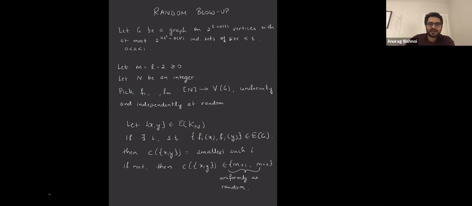So with probability half, we color that edge using m plus 1, and with probability half, we color the edge using m plus 2. So there are two random things going on here. First, we are picking these random functions, the random blow-ups, we'll see. And then we are picking the last two colors randomly. The whole thing is from Conlon-Ferber, and this idea is from the earlier paper of Hay and Wigderson.